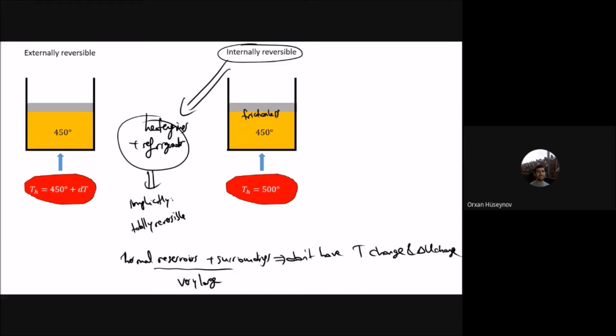Therefore, these two are reversible. And since this one is reversible, the system itself is internally reversible, and therefore when we say internally reversible system for a heat engine or refrigerator, it means that it is implicitly totally reversible. That is the definition of it.